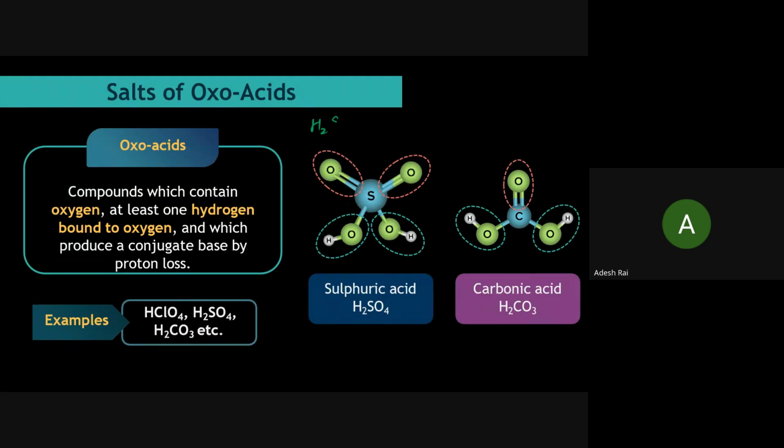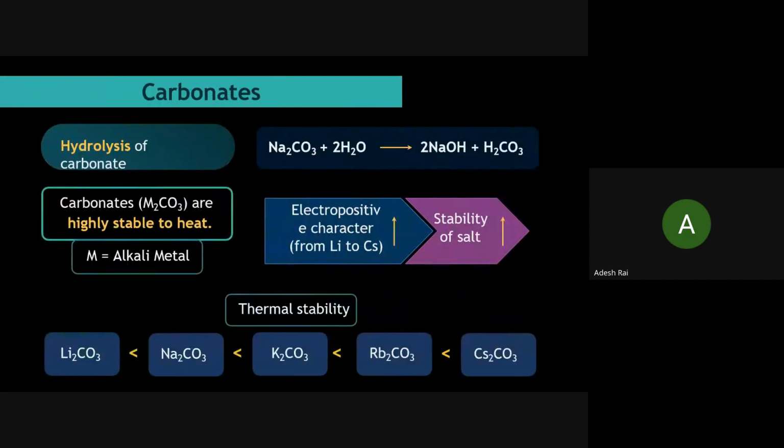So H2SO4 will donate H plus plus HSO4 minus. So keep it a single arrow only. So this HSO4 minus is its conjugate base. Everyone knows this, right?